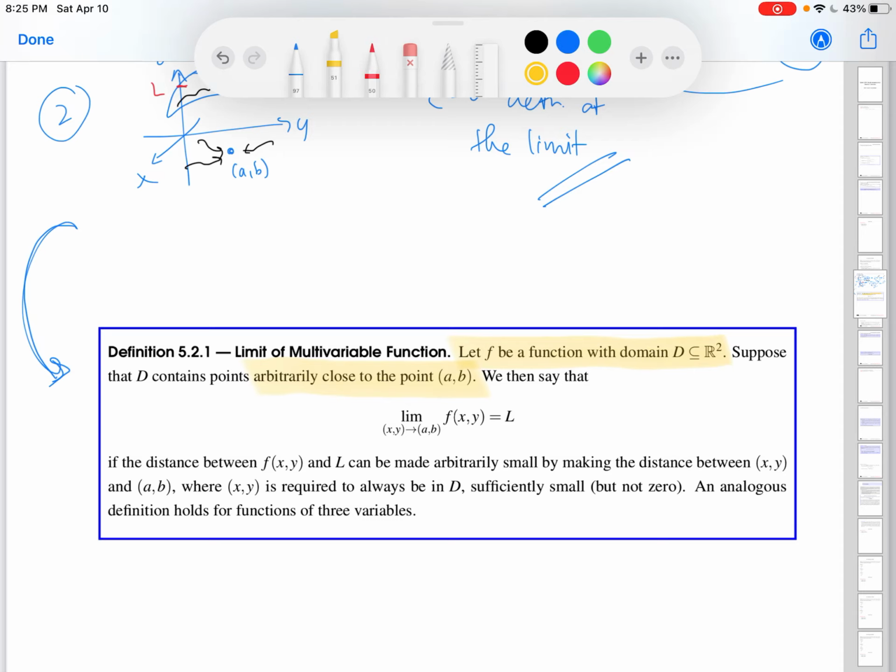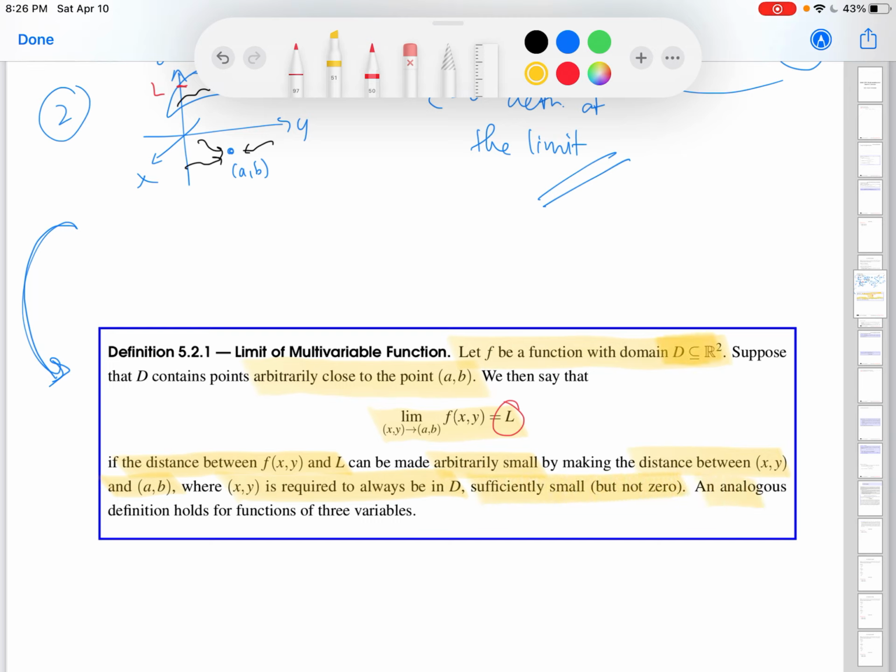We then say that the limit of f of x, y as the point (x, y) approaches the point (a, b) equals L if, and here comes the big if, the distance between f of x, y and L can be made arbitrarily small by making the distance between (x, y) and (a, b), where (x, y) is required to always be in D, the domain, sufficiently small but not equal to 0.